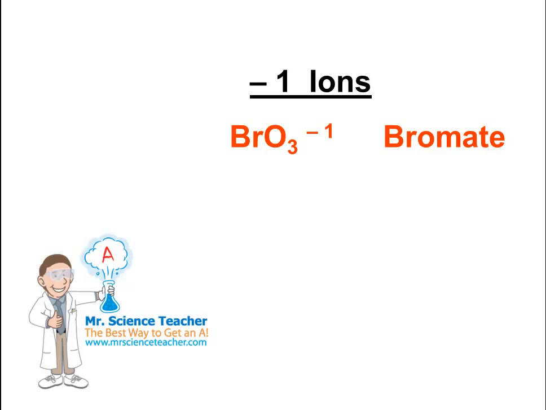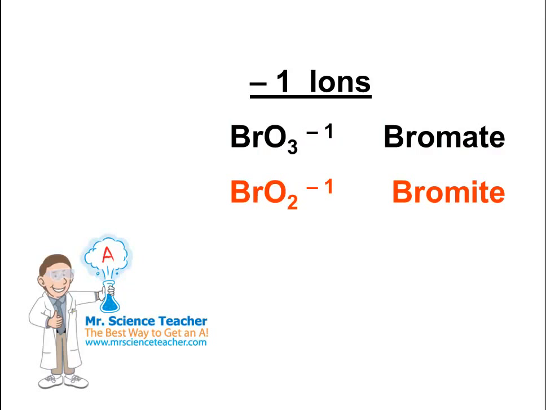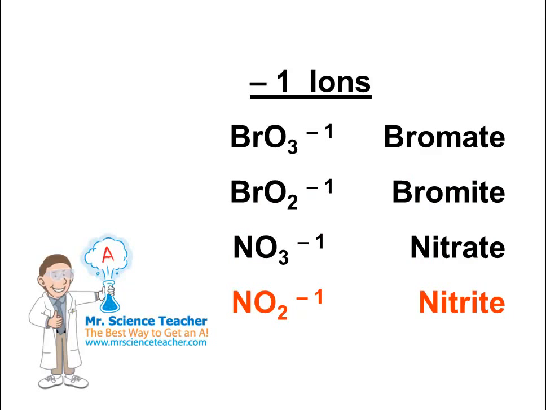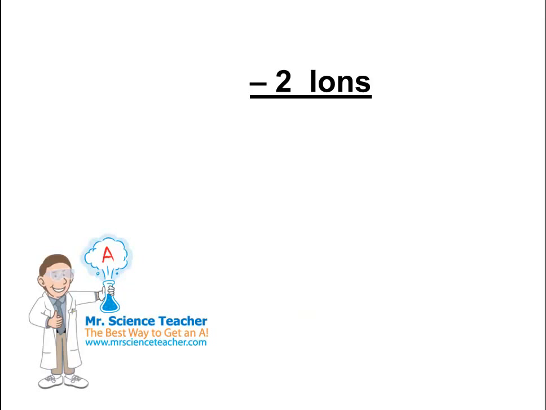BrO3 is a group of atoms with a -1 charge called bromate. BrO2 is called bromite. NO3 is called nitrate, and NO2 is called nitrite. Again, these are all clusters of atoms that have a net charge, -1. Here's some -2 ones.